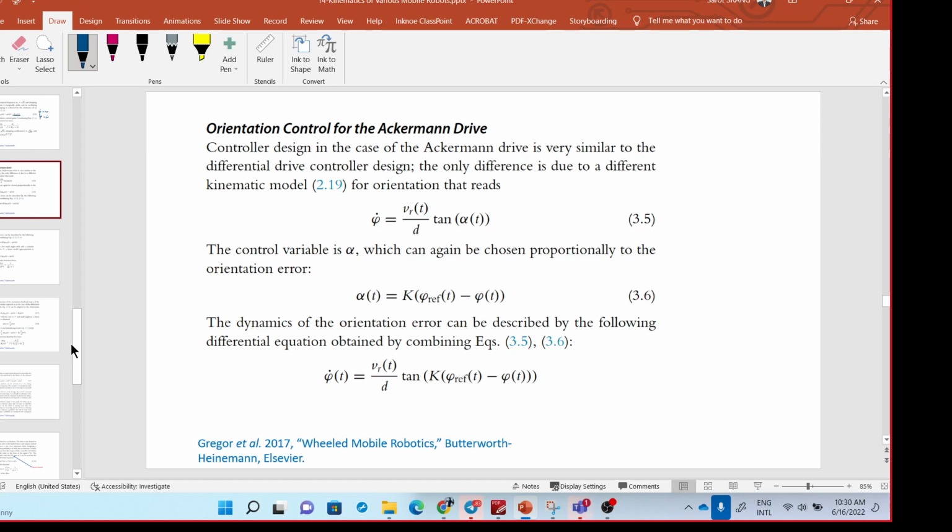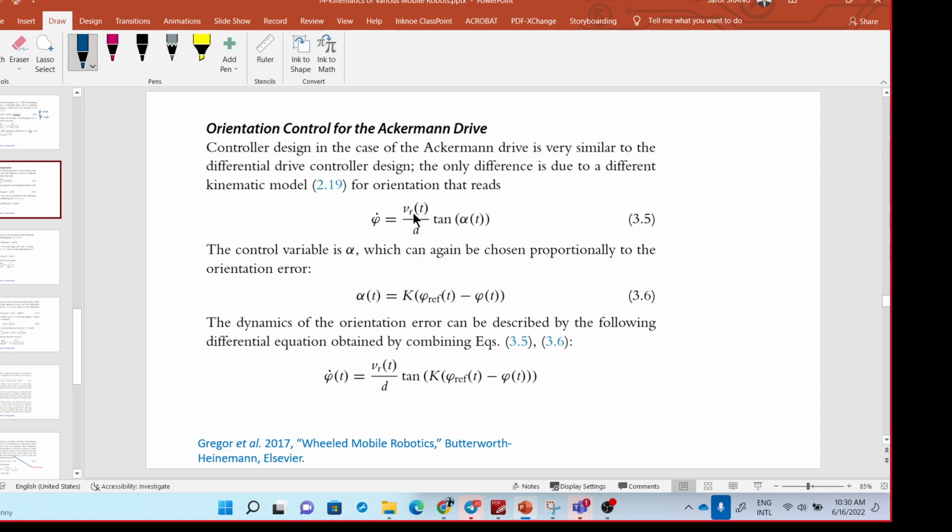Okay, next let's see orientation control for the car-like robot. Here we have the relationship of the orientation with the velocity, this is the rear wheel velocity, in the linear form.